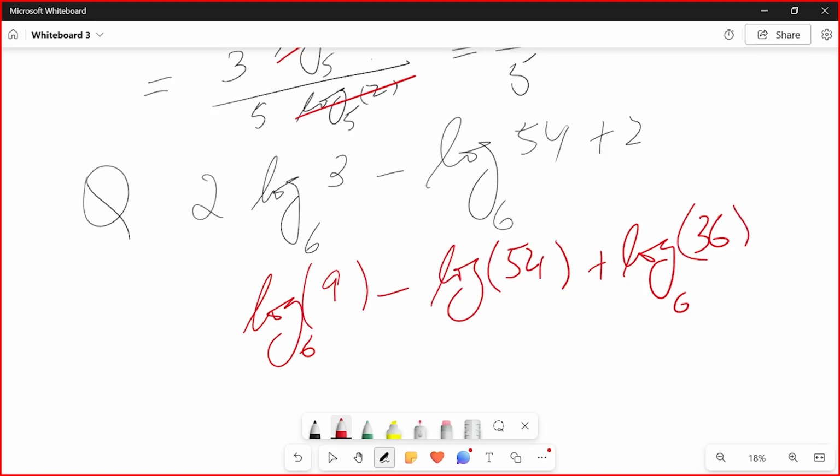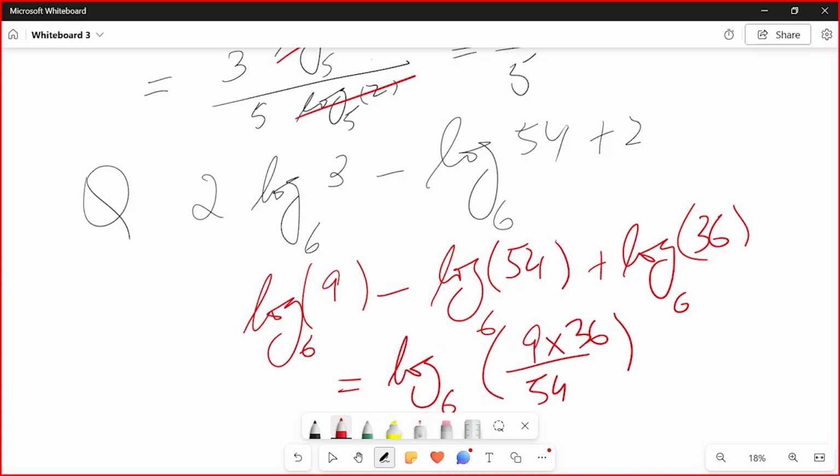Because of the formula, they have the same base, so we can write them together. It is 9 times 36 over 54, log to the base 6. Why? Because it means you would have log of 9 plus log of 36 minus log of 54. That's the same thing. I just took a little shortcut.